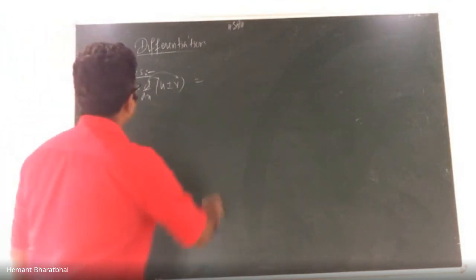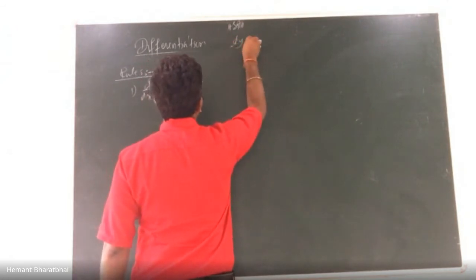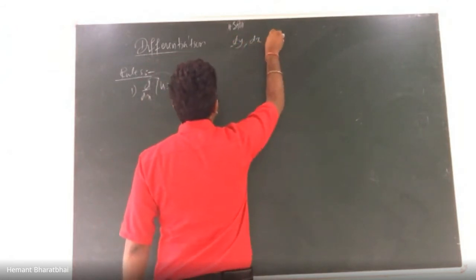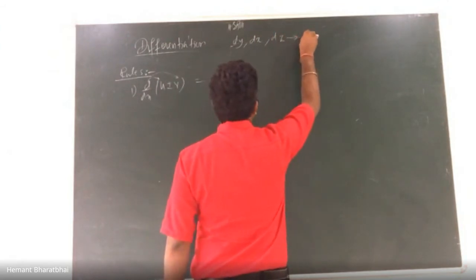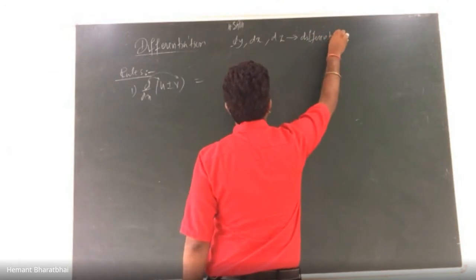This is also called a differential. If I simply write dy, dx or dz, these are called differentials.